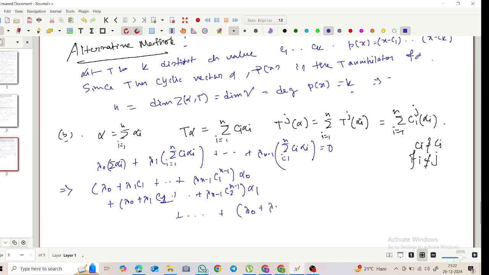Lastly you get lambda 0 plus lambda 1 cn plus up to lambda n minus 1 cn to the power n minus 1, this, right?